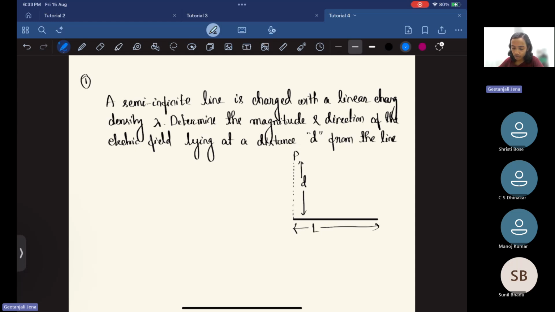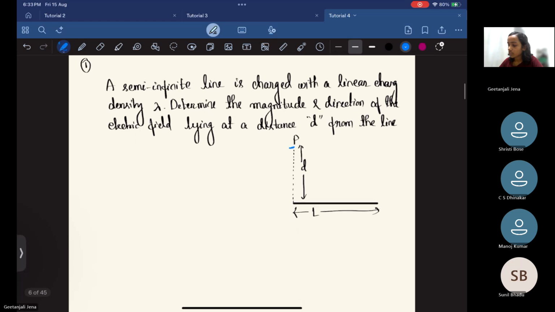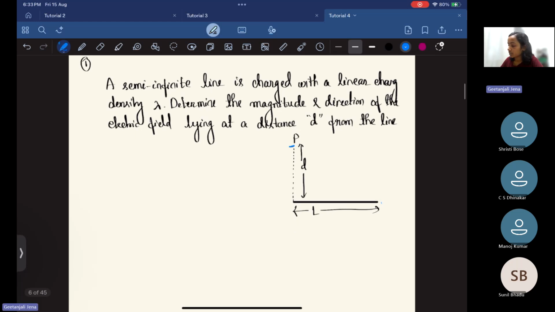The question says: a semi-infinite line is charged with a linear charge density lambda. Determine the magnitude and direction of the electric field at a distance d from the line. So you need to calculate the field here due to the semi-infinite line. It's not a finite rod, it's semi-infinite.